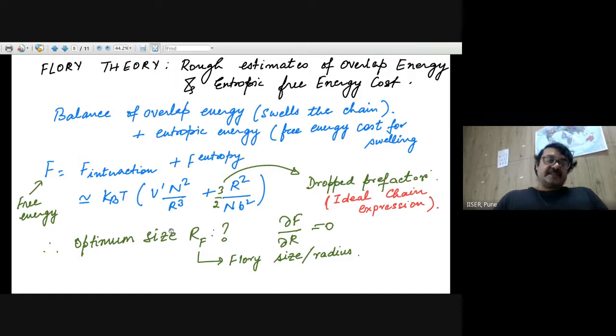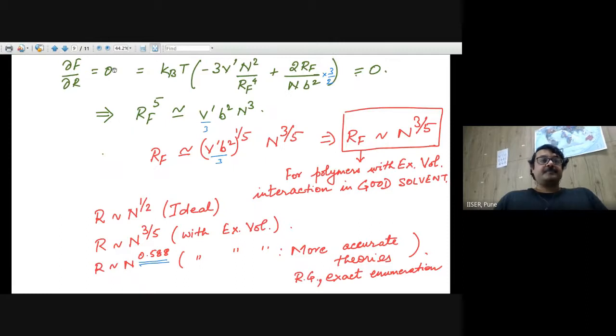Now the optimum size. This is the total free energy, the energy cost plus the entropic cost. And the optimal size of the polymer chain can be obtained when this free energy is minimized. So the optimum size is the Flory size or the Flory radius with the F in the subscript, and that can be obtained by putting del F del r equal to 0, and taking the derivative with respect to r.